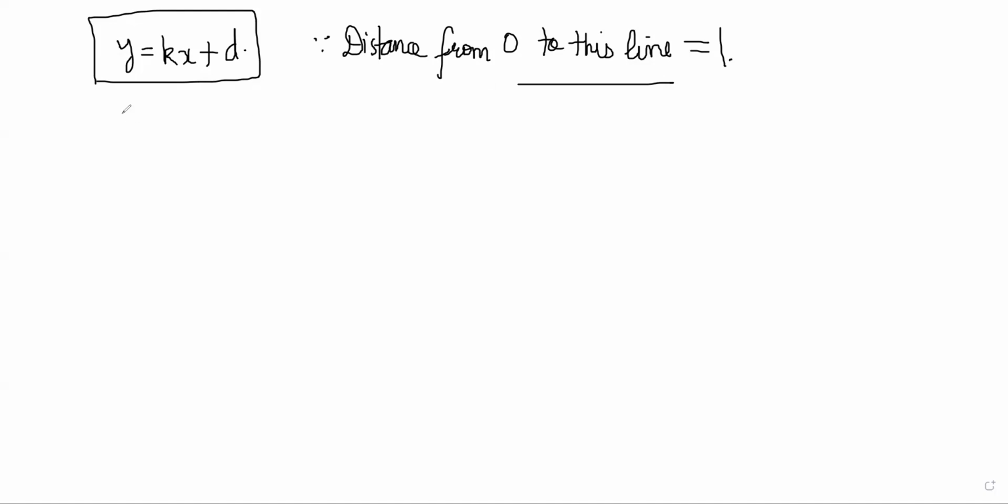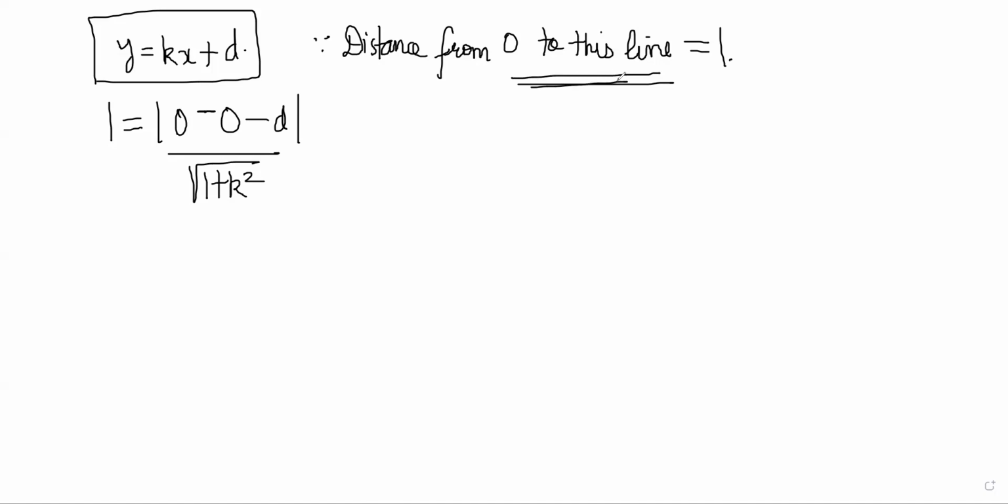So therefore, if you apply this condition here, 1 should be equal to mod of 0 minus d over root of 1 plus k square, right?